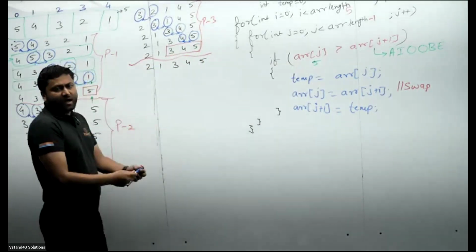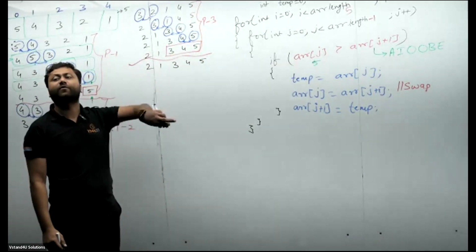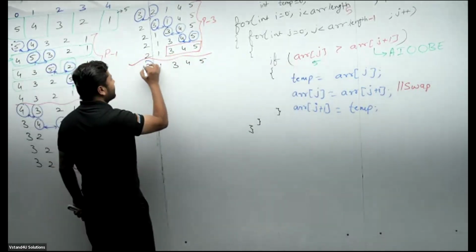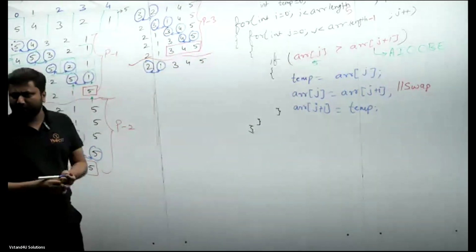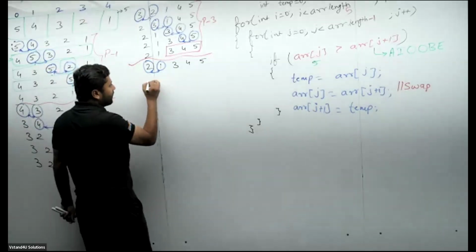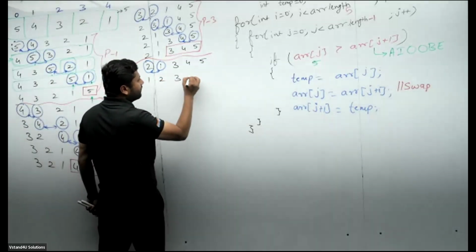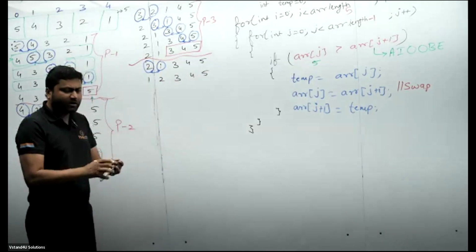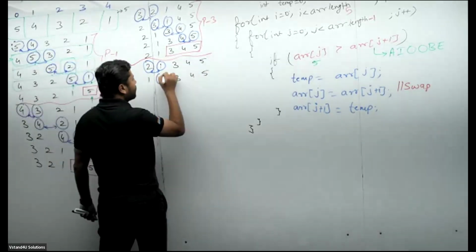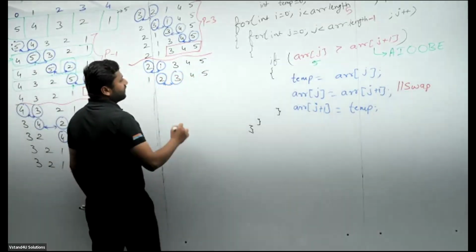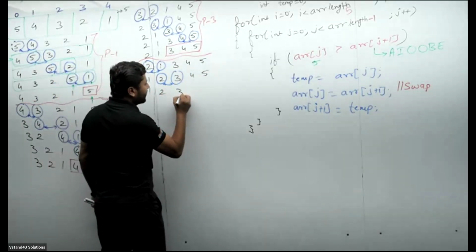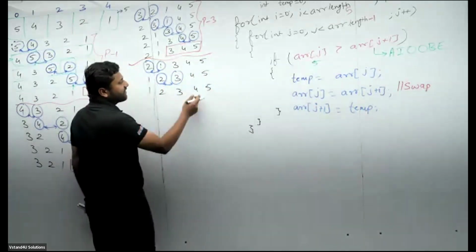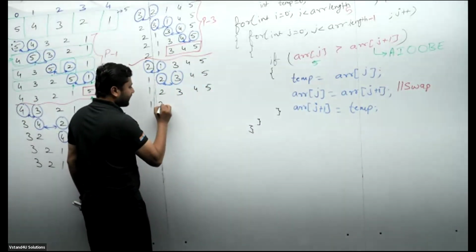In this pass, I'll always start comparison from the 0th index element with the next index element. Swapping required, so 1, 2, 3, 4, 5. Now the comparison happens between 2 and 3. Swapping not required. Then 3 and 4, swapping not required.